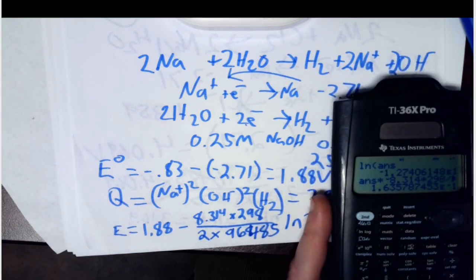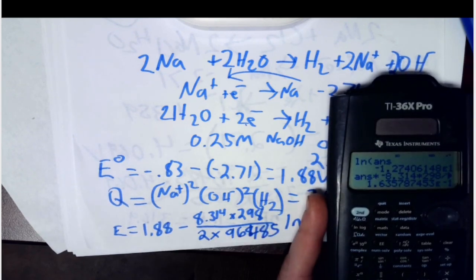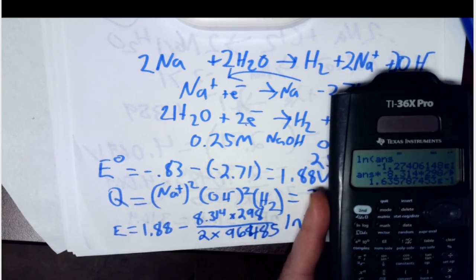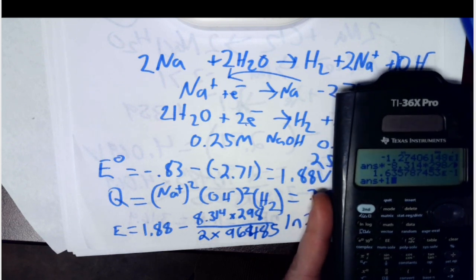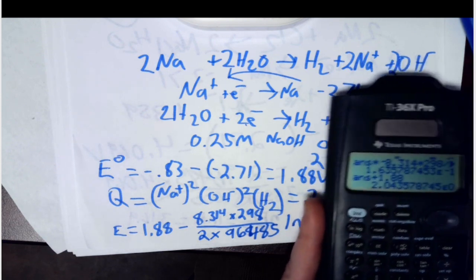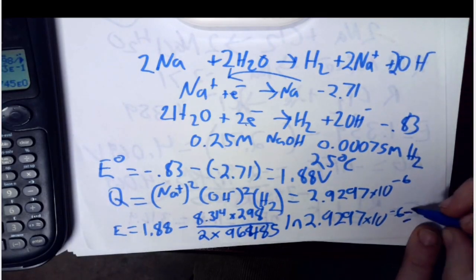So all said and done, the small effect, we are tweaking this value by a factor of 0.16. So when I add this to my E cell standard, my voltage goes up to 2.04.